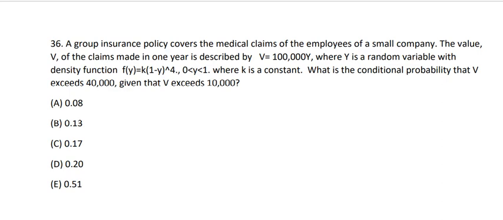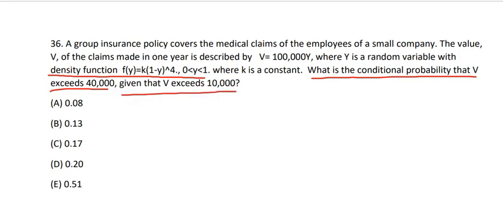Okay, so here we have this density function. If y equals this, k is a constant, so maybe we can cancel this. So it depends. Oh, so the question is, what is the conditional probability that V exceeds this, given that V exceeds this?